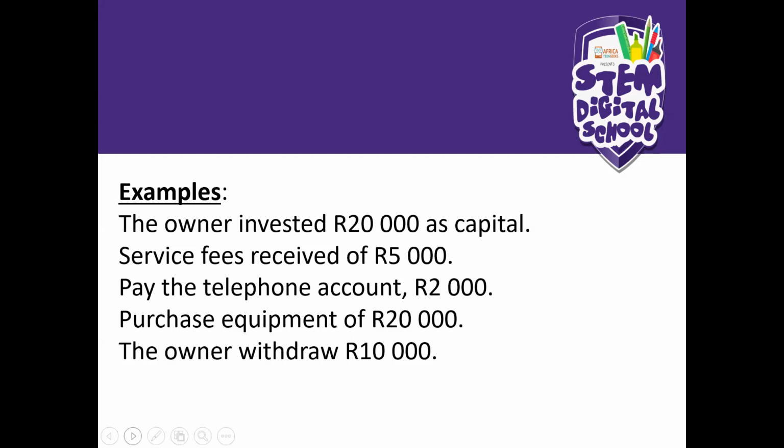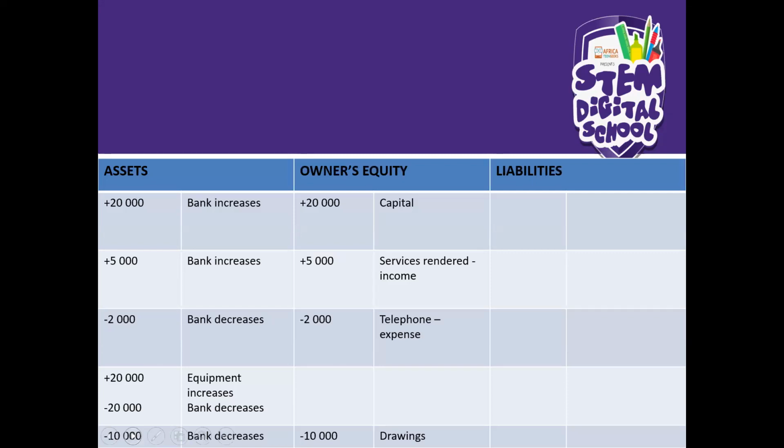If we look at the entry, there you have it, the first line there. Remember, when the owner invests money, it means the business bank account is increasing. So plus, bank is an asset. With assets, it's going to be plus 20,000 because the bank is increasing.